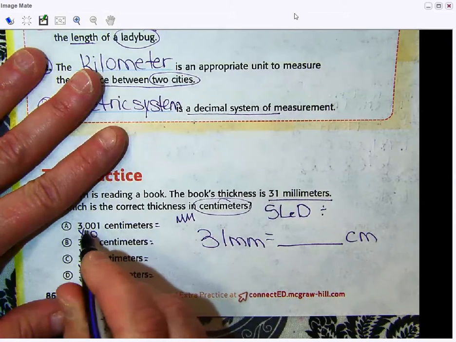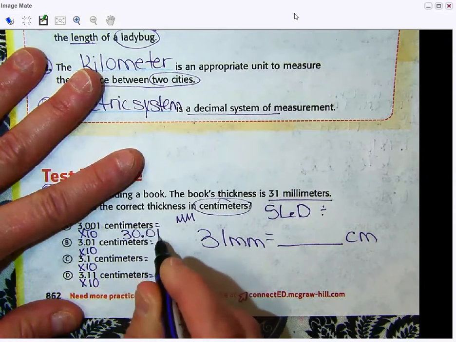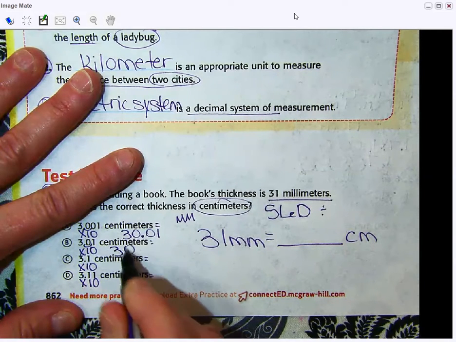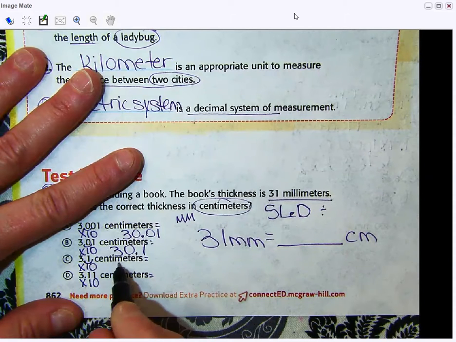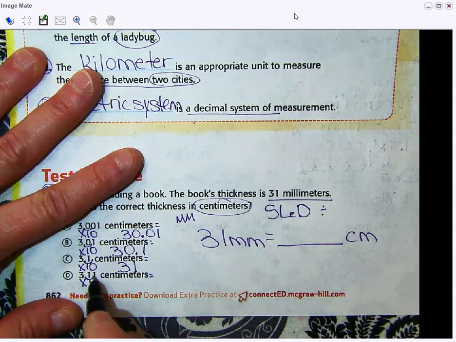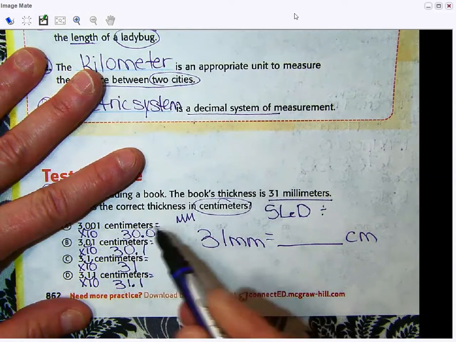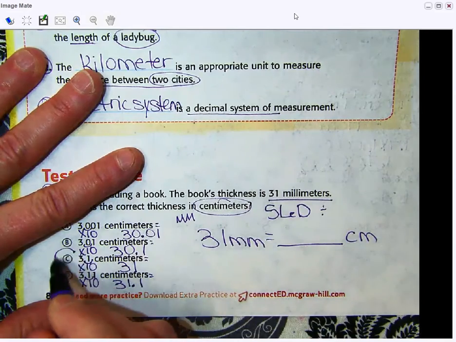So we know that this will be 30.01. We know this will be 30.1. And we know that this will be 31. And we know that this will be 31.1. So which one of these matches the 31 millimeters? Well, that would be C.